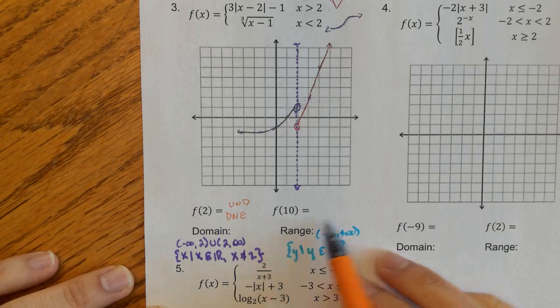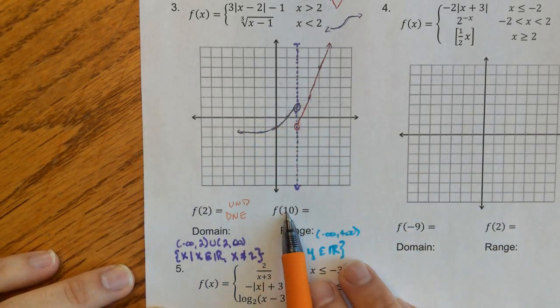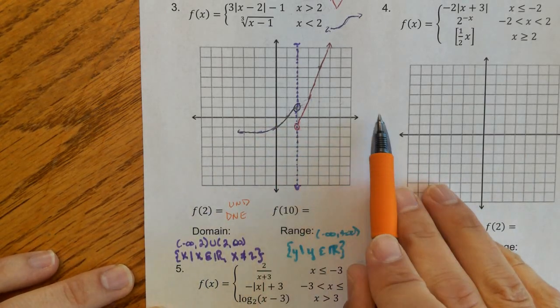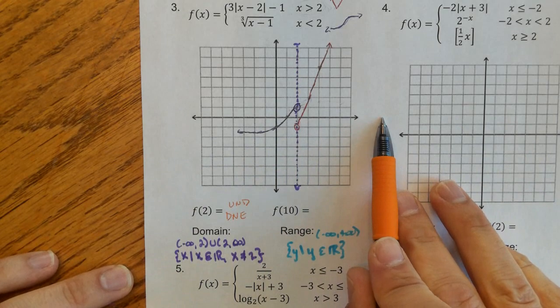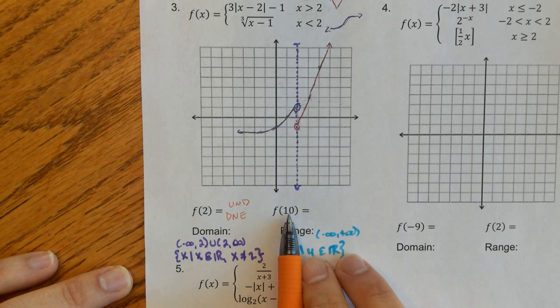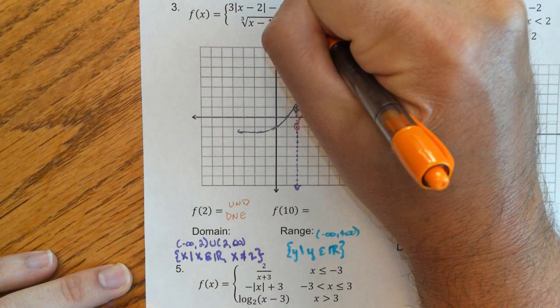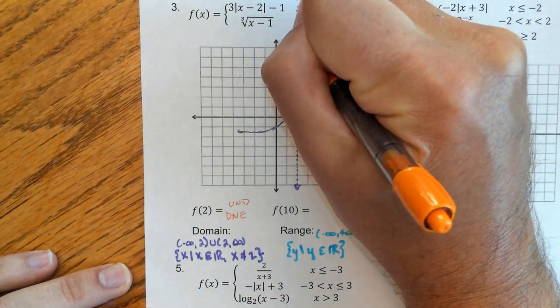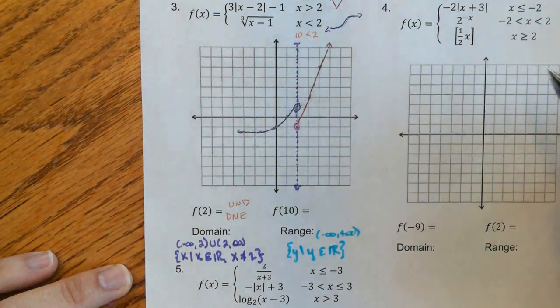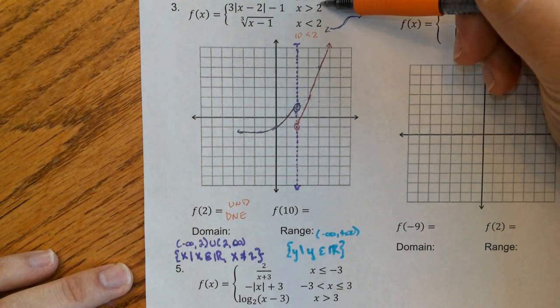F of 10. Well, the issue here with the x value of 10 is that it is off our graph. So what we want you to do is take that 10 and plug it into both of the constraints.